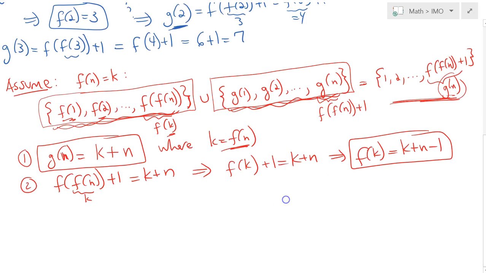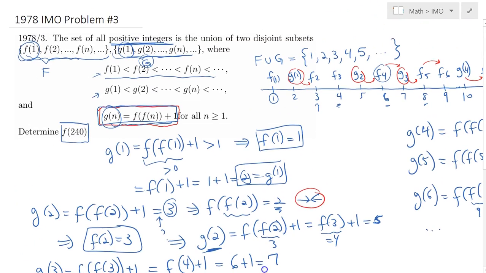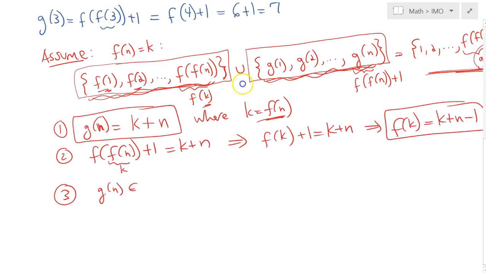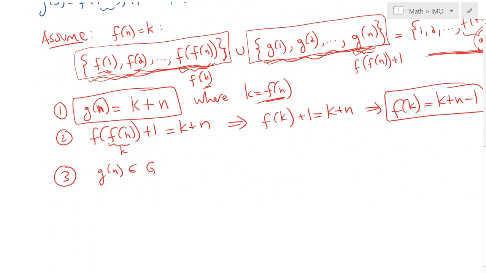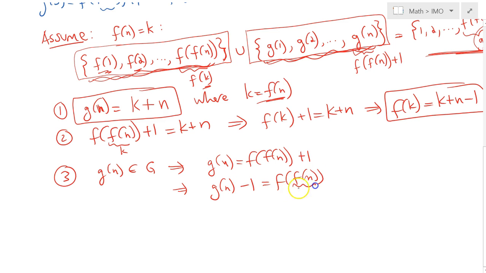And that's my second formula. And thirdly, let's prove an observation that I have already made. So consider g of n, which is already an element in the set, which I called g here. So g of n is in g, implying that if you apply the definition, g of n is equal to f of n plus 1, this would imply that g of n minus 1 is equal to f of n. But this is the value that the function f takes at this particular occasion. F of n is equal to k, right? F of k.